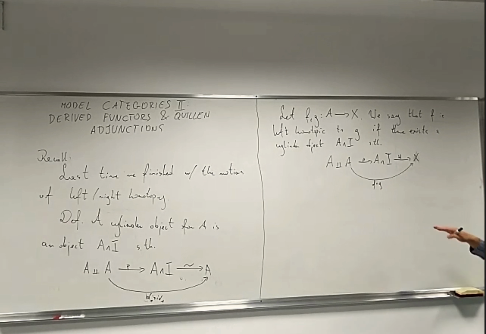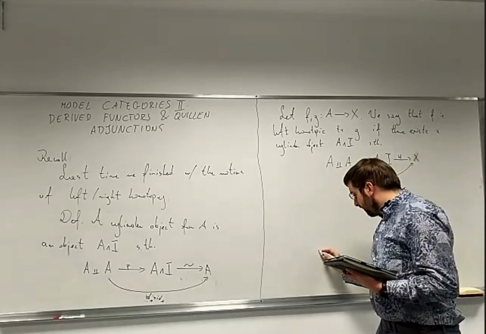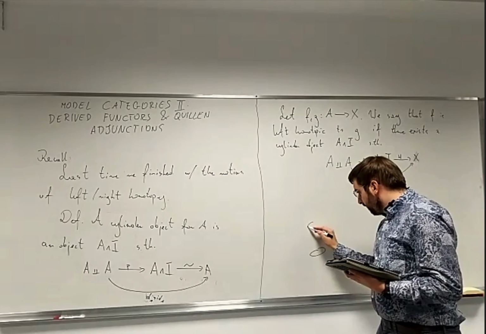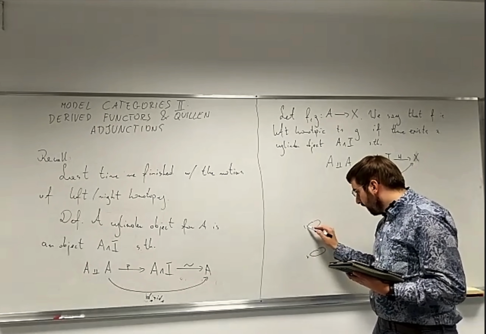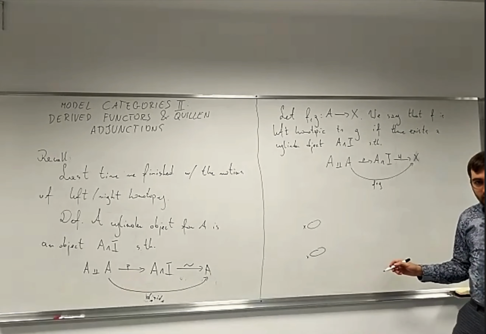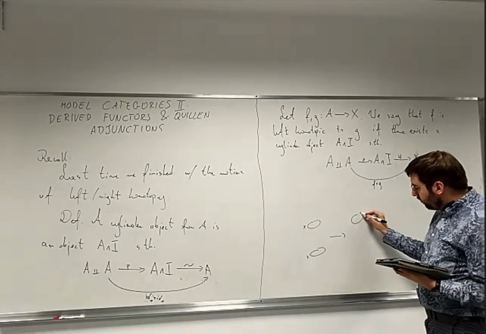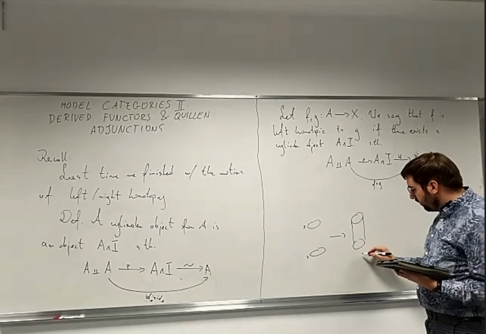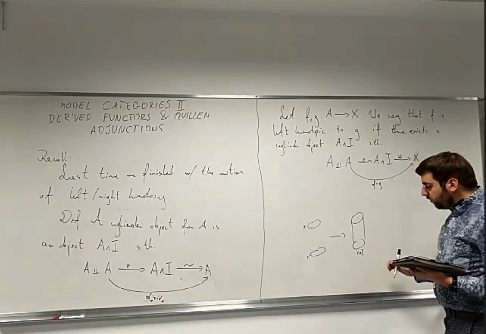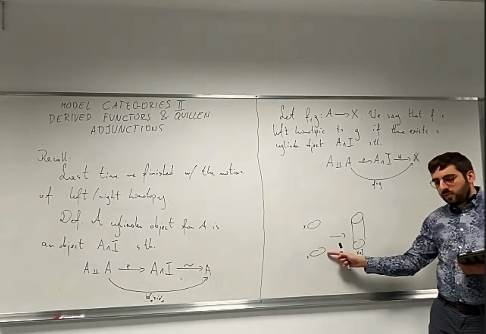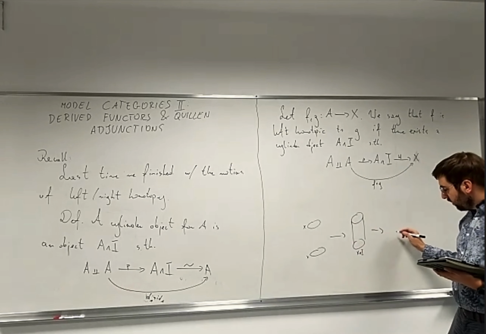I just wanted to quickly recall from the last talk that really what we are doing is repeating ideas from topological spaces. In topological spaces, if I have some space X, and the disjoint union of X and X, then I can take its cylinder object to be just the cylinder of X. And what is a homotopy between maps from X to some other space Y?